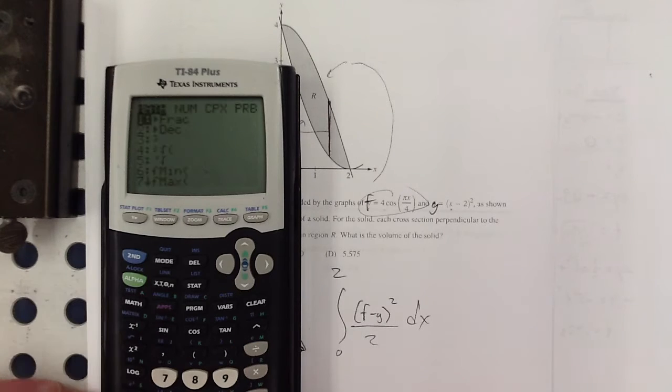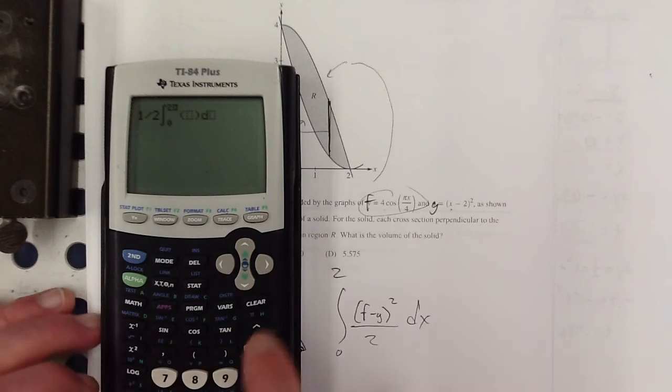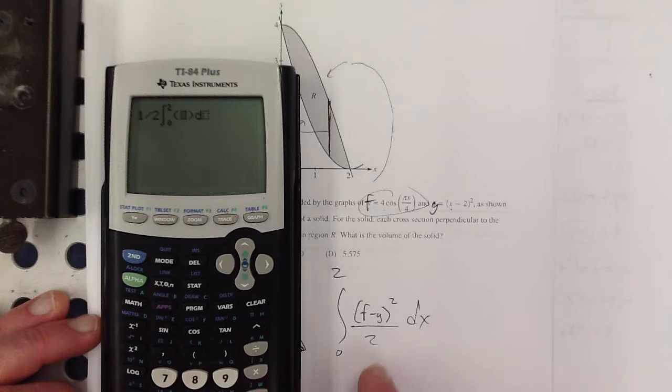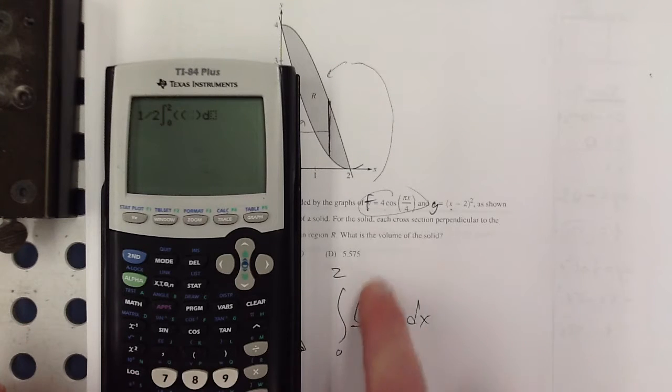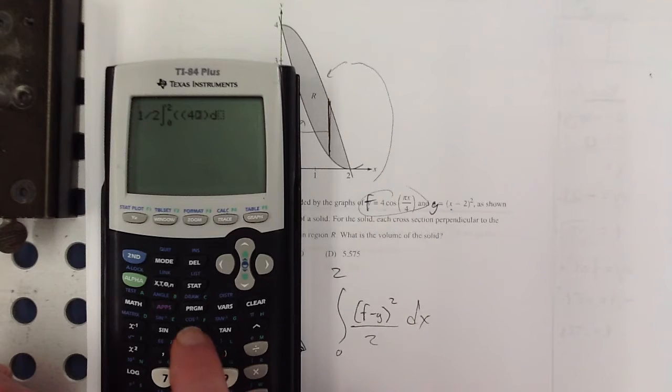And then I'm going to do math 9, and I'm going to go from 0 to 2. And then inside here, I want my f function, that's 4 cosine.